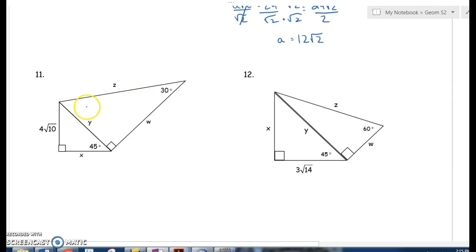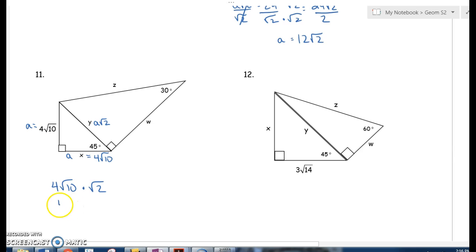For number 11, I'm going to start with the triangle that has an actual side, which is this piece here. So I'm going to start with X and Y. Across from the 45s are both A. Across from the 90 is A root 2. So we know that A is 4 root 10. So this piece here with X is also 4 root 10. And then this piece with the Y is A times root 2. So we're going to do A, 4 root 10, times root 2.